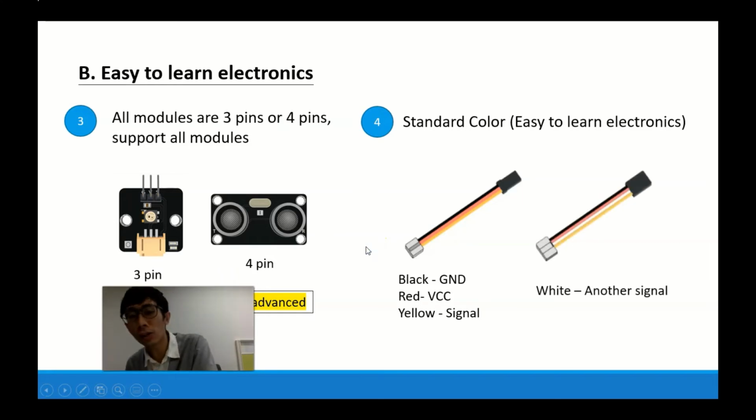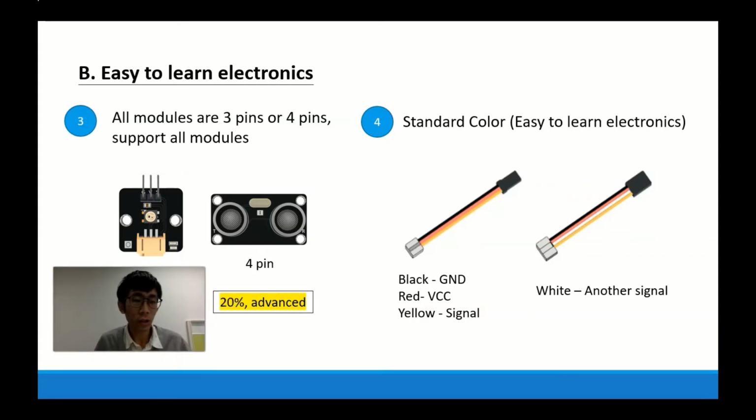And actually, the 4 pin module is also important. So 4 pins, there are 4 wires, of course. So the remaining 1 color is white. You do not need to care so much about why it is white color instead of yellow. But the black color and red color are the standard colors for voltage and ground. Okay, so let's try to take one 4 pin and then connect.